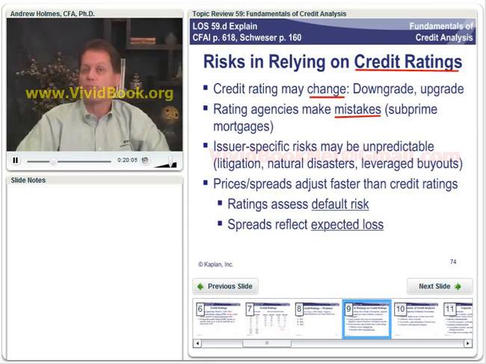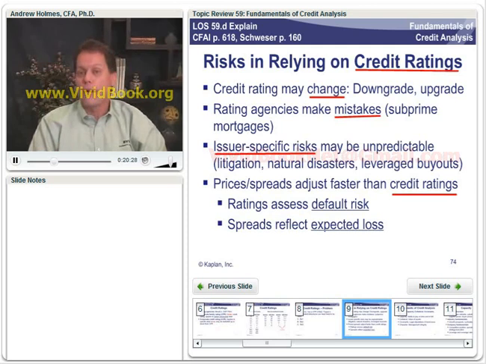So, if it's based on subprime mortgages or something like that, we've seen mistakes in the past. There are, of course, issuer-specific risks that can't be anticipated. It could be an earthquake, some sort of major litigation that comes up, those types of things. And then price spreads are going to adjust faster than credit ratings. Credit ratings are administered. They're established by committees of people who sit there and look at ratings charts. The market, on the other hand, is continually updating, right?